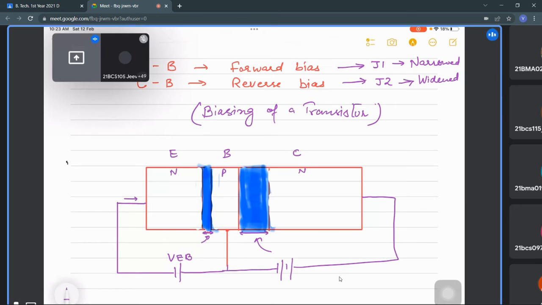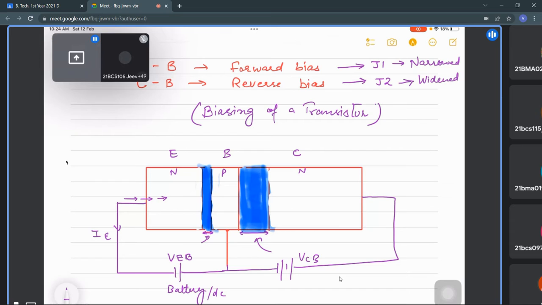Electrons are entering into the base, and current is moving up because of this battery actually. This is nothing but a battery, or you can say DC voltage. This is VCB. Okay, so definitely current is flowing towards this side and electrons are moving into this.